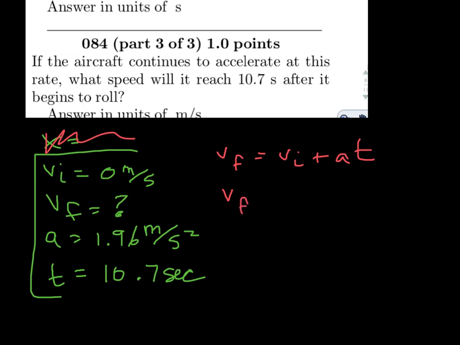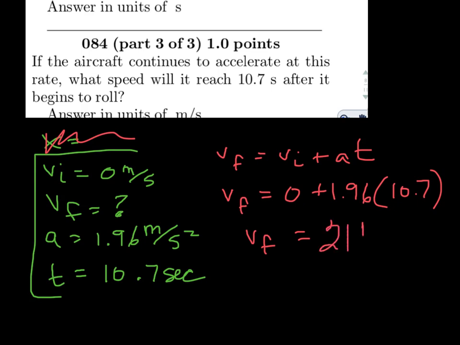We don't have to do any algebra here. 0 plus 1.96, our acceleration, times our time, 10.7 seconds. We get 20.97, so we'll just call that 21 meters per second.